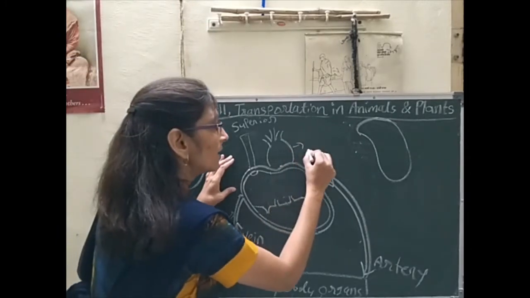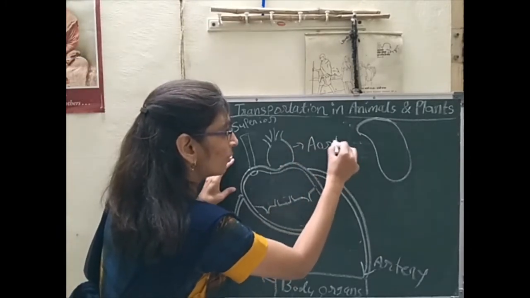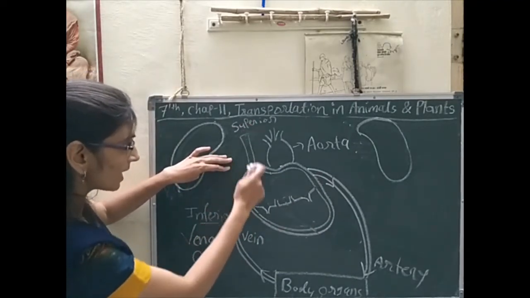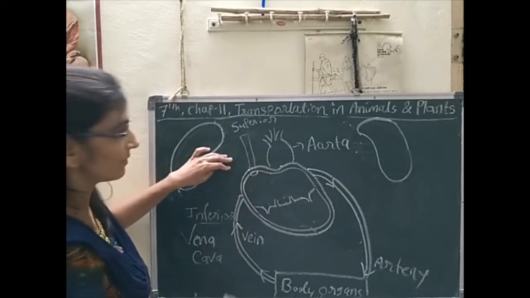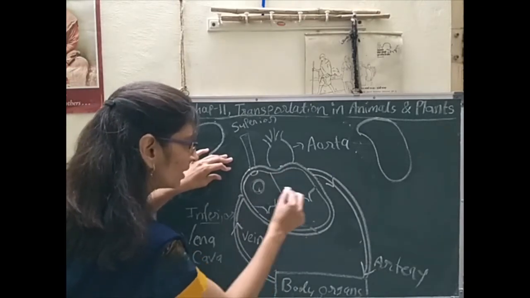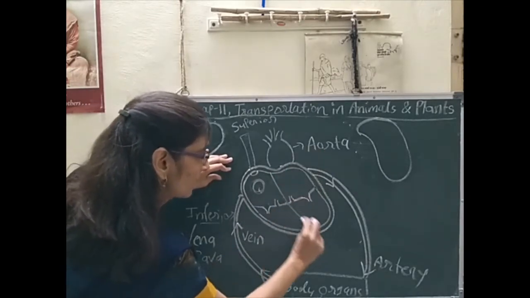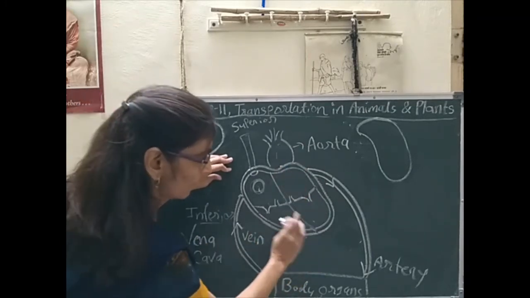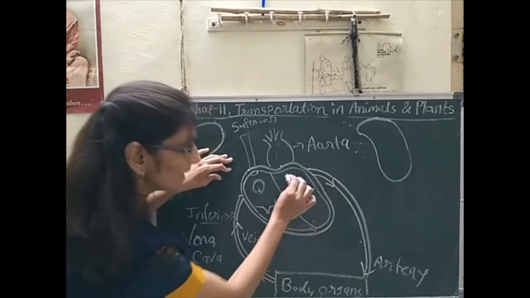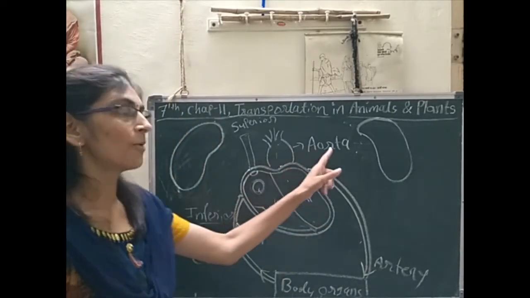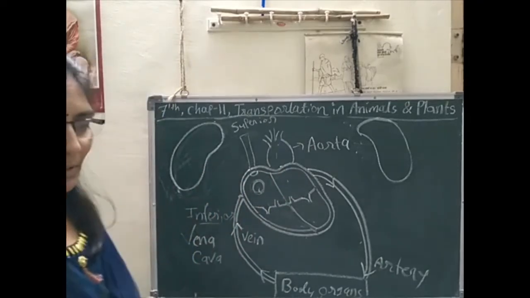So this is the aorta, and these are the vena cava, superior vena cava and inferior vena cava. The blood reaches this chamber only, and oxygenated blood leaves from this chamber, from this ventricle. So the aorta is the main artery.